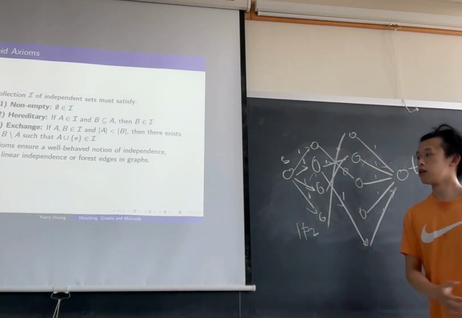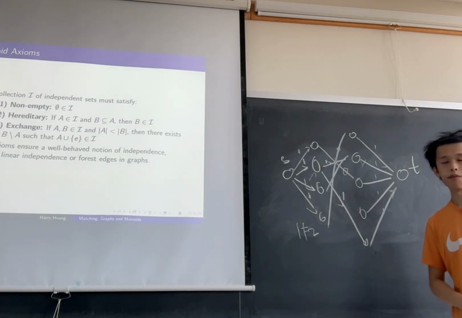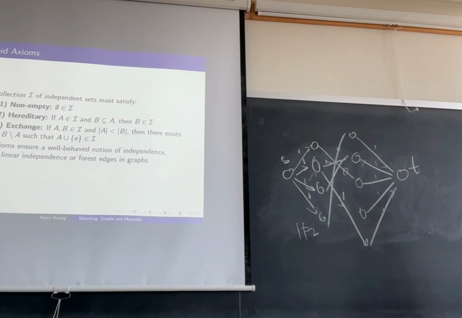Now we have three axioms for the independent sets in the Matroid. First is the non-empty axiom: the empty set is independent. The second is the hereditary axiom: if there is any independent set in the collection, then every subset of the independent set is still independent.